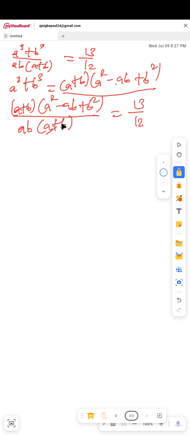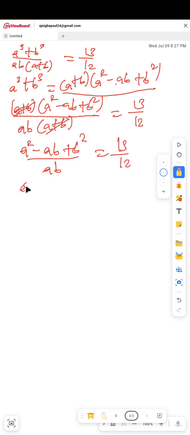Now what we notice is a plus b, we cancel out a plus b. So we have a squared minus ab plus b squared, everything over ab, is equal to 13 over 12. So apply linearity. We are going to have a squared over ab minus ab over ab plus b squared over ab, everything equal to 13 over 12.